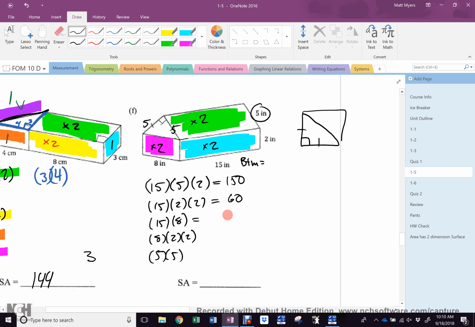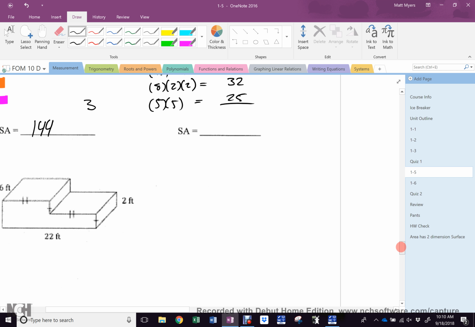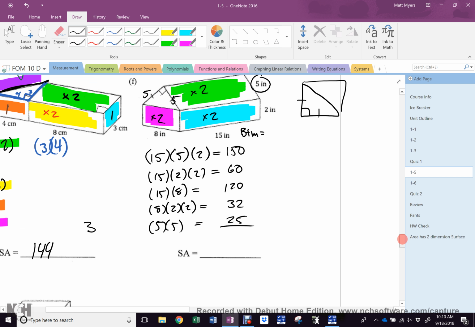That is 120. That is 32. And that is 25. Then what do you do with those numbers? Add them up. That's how easy it is. So the only stumble is the fact that it's the same with the 5 by 5. In this case, yes. We don't have to square root anything. Not in that one.